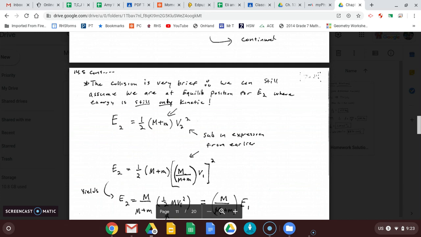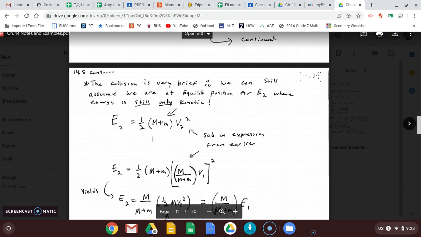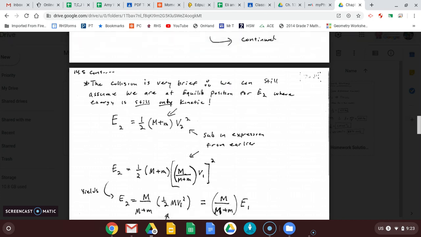Now let's go back to using this right now. So the energy after the collision, and remember, we're still at the equilibrium position. This all happens very quickly, so we won't be having any potential energy. This is all at the equilibrium position.